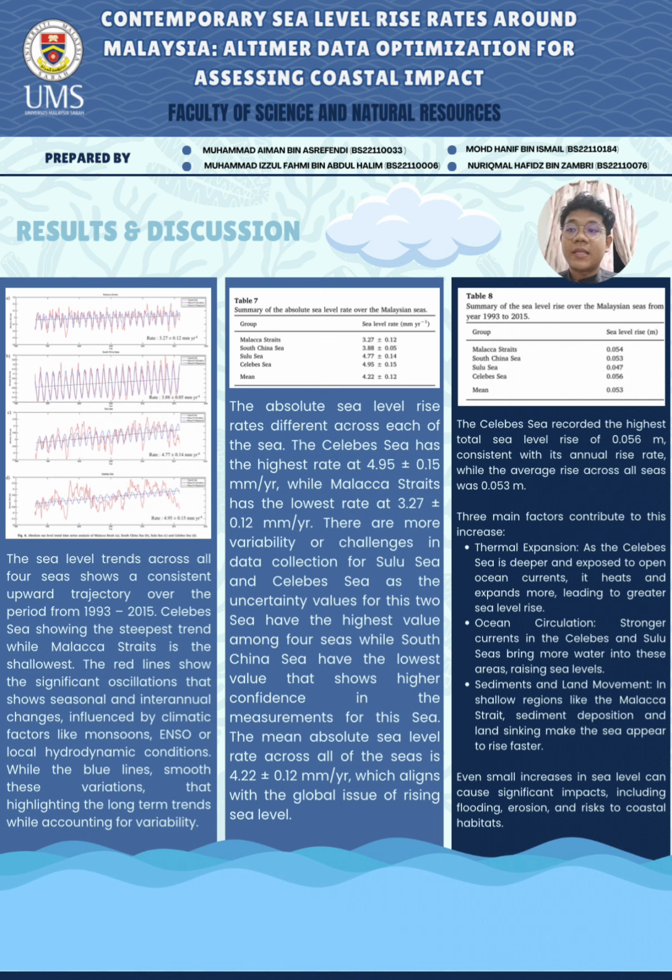There is more variability or challenges in data collection for Sulu Sea and Celebes Sea, as the uncertainty values for these two seas have the highest value among the four seas, while South China Sea has the lower value, which shows higher confidence in the measurement for this sea. And the mean absolute sea level rate across all of the seas is 4.22 mm per year, which aligns with the global issue of rising sea level.